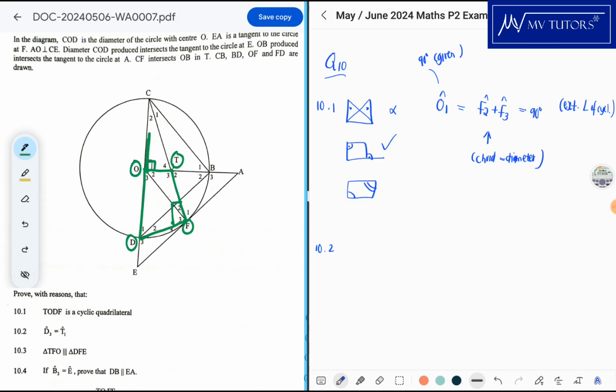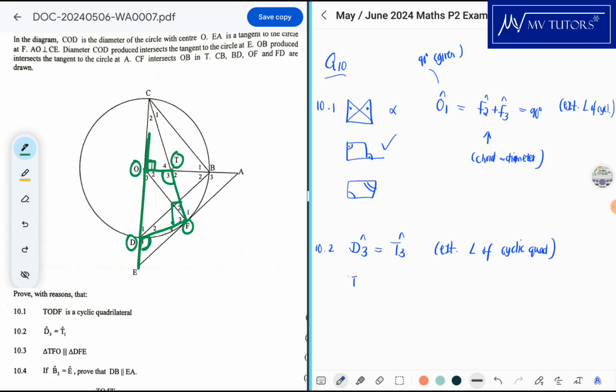is equal to T1. So D3 is an external angle of a cyclic quad, and it's equal to T1. So basically, I'm going to say D3 is actually equal to T3. Again, external angle of cyclic quad. Sorry about that.